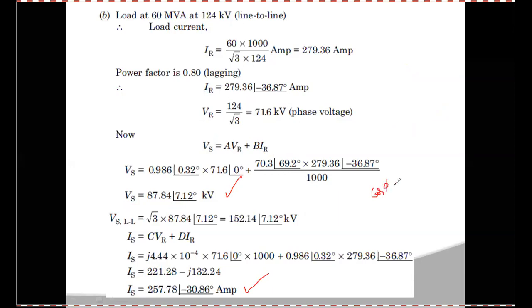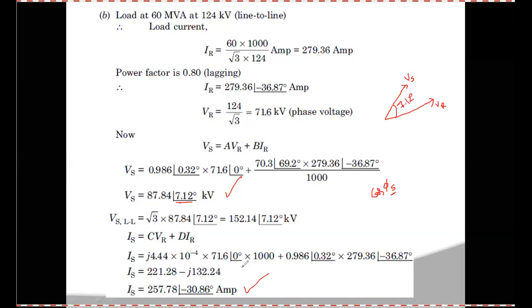So the sending end power factor is cos phi s. First you have to determine the phi s, which is the angle between VS and IS, right? So you have to draw a simple vector diagram. Here in the vector diagram, VR is the reference, and your VS, if you see, is 7.12 degrees, which has a plus sign. So it will be leading the reference by an angle of 7.12 degrees.